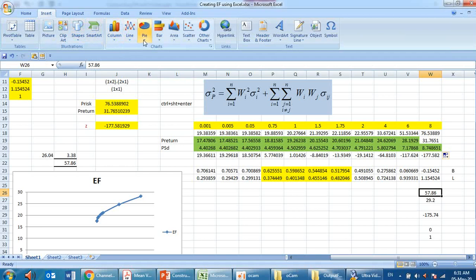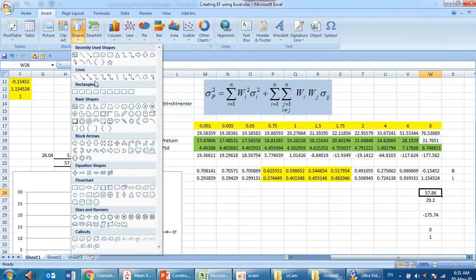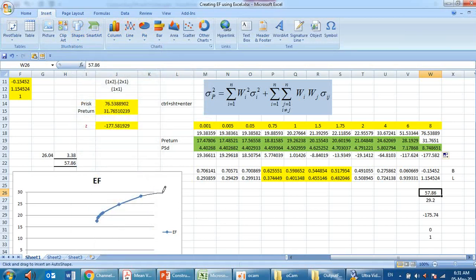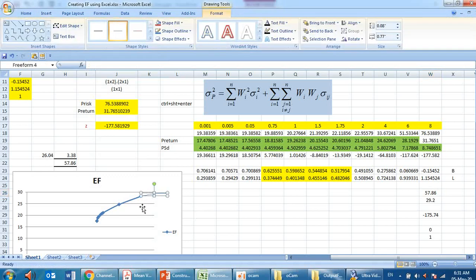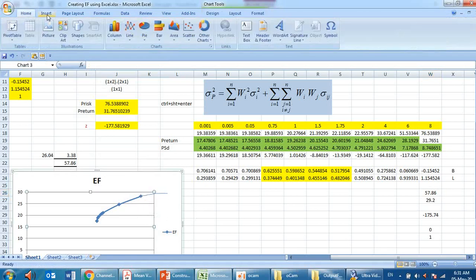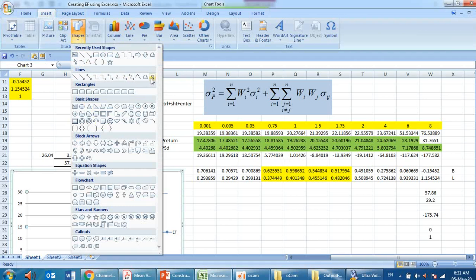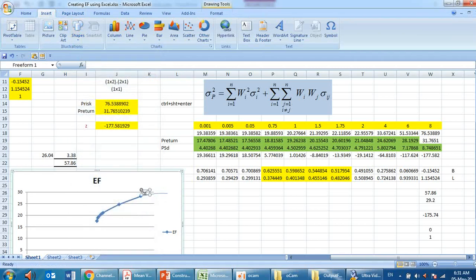If I want to make an efficient frontier using the scatter plot, this is short sales allowed, and this is short sales not allowed. So now this is the difference. The lower curve is short sales not allowed, and the upper curve is short sales allowed.